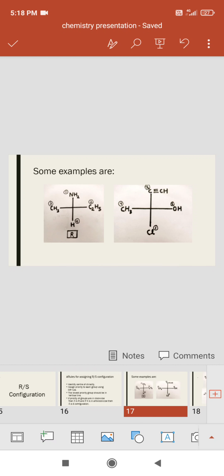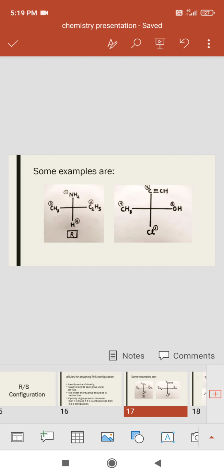See the second case. Here's chlorine. The maximum atomic number gets the more priority, so chlorine will get the first priority. Then oxygen gets the second priority. Here the triple bond takes place, or two carbons are present, so this will get the third priority, and CH3 gets the fourth priority.